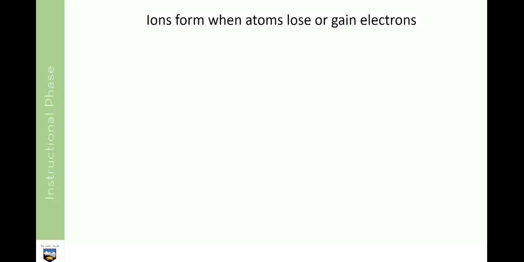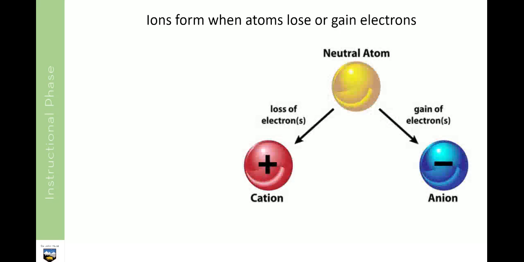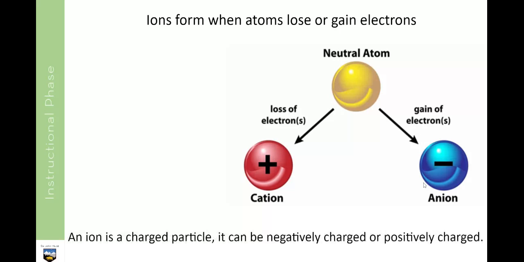Remember, atoms are overall neutral, and when an atom loses or gains electrons, it becomes a charged particle. So an ion is a charged particle, and it's either negatively or positively charged. Now, we're only focusing on the positive ions this lesson.